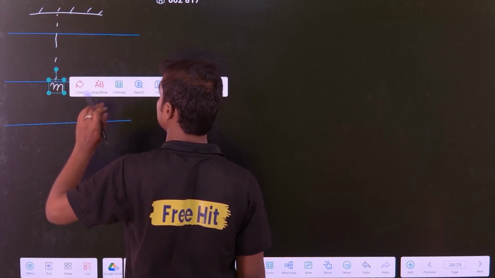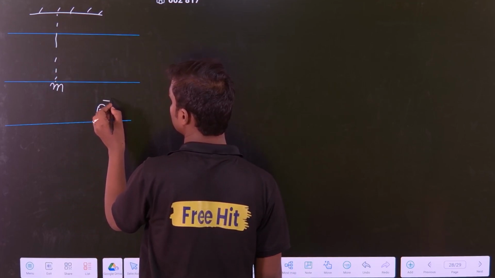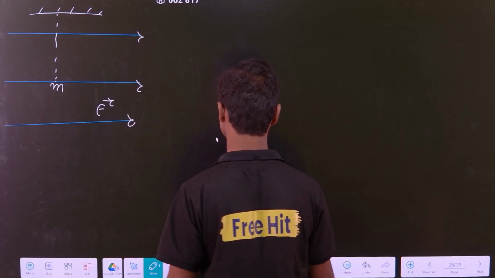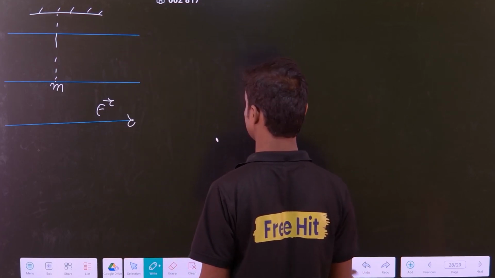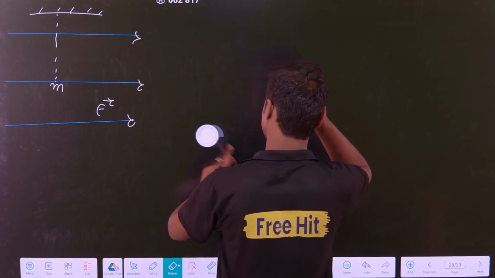This is my E field in this direction, correct?